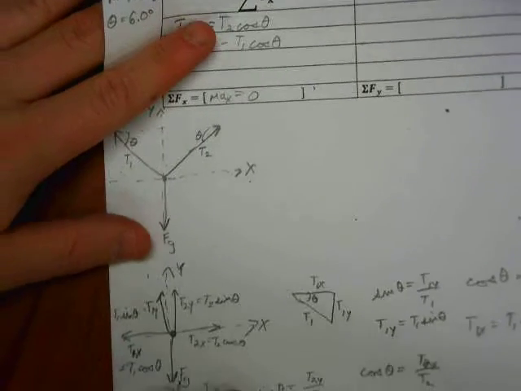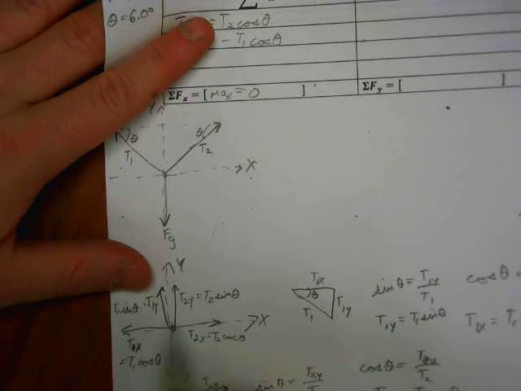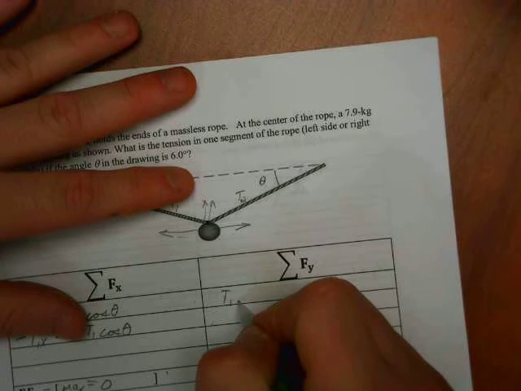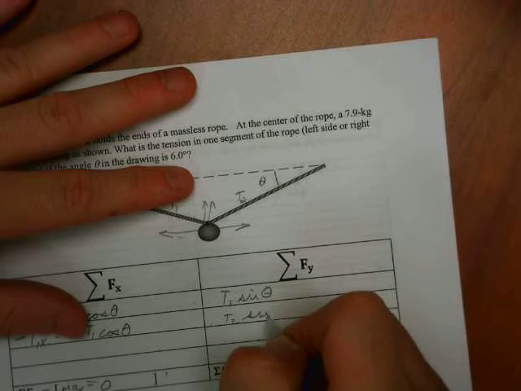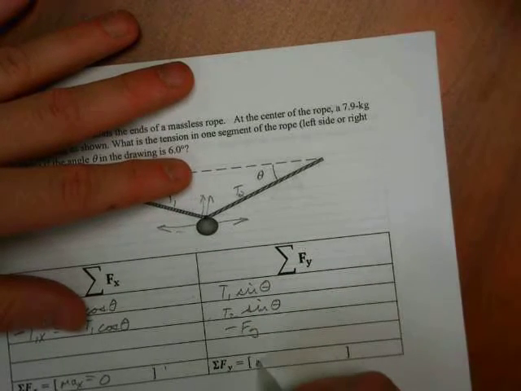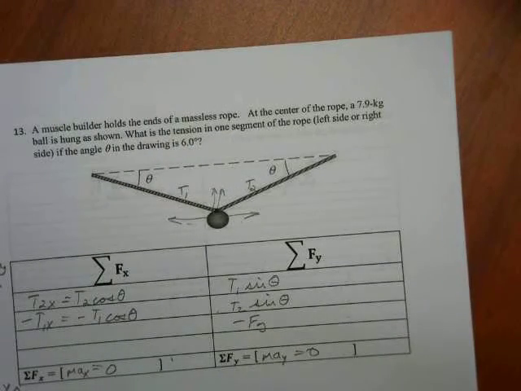Everything is static. All right, in the y direction, we have T2 sine of theta and T1 sine of theta, and we have negative Fg. And we know they sum to may, and that must equal 0 because it's static.